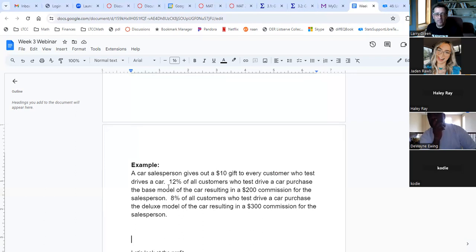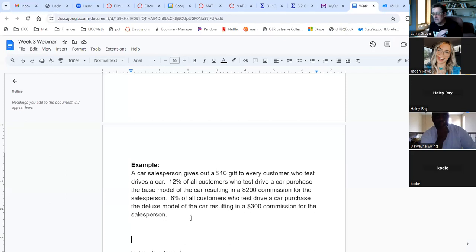Let's suppose that 12% of all customers who test drive a car purchase the base model of the car, and that results in a $200 commission for the salesperson. And let's suppose 8% of all customers who test drive a car purchase the deluxe model of the car, resulting in a $300 commission for the salesperson.